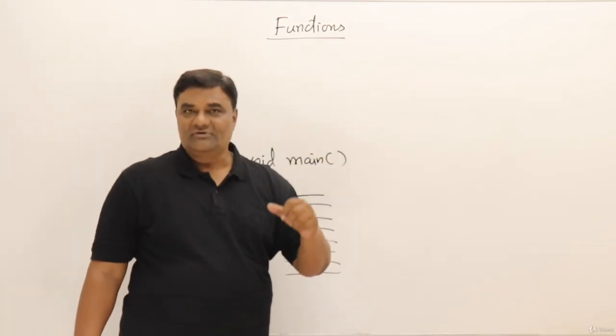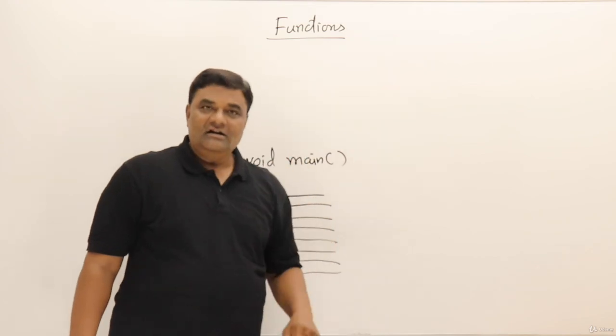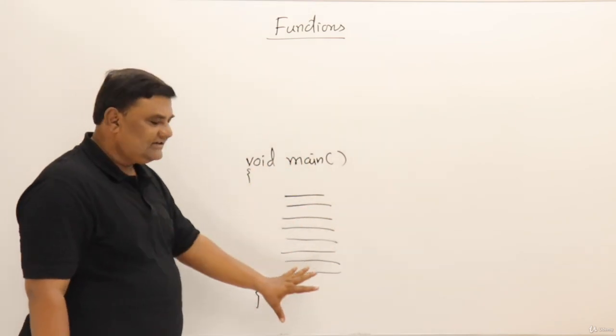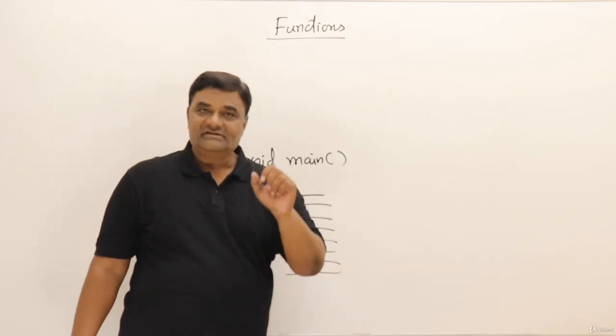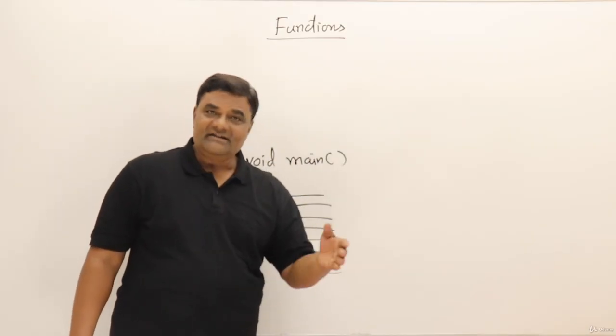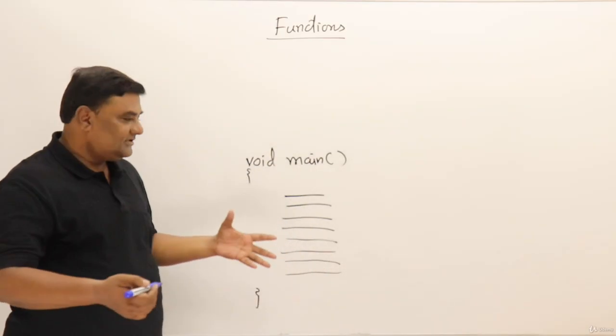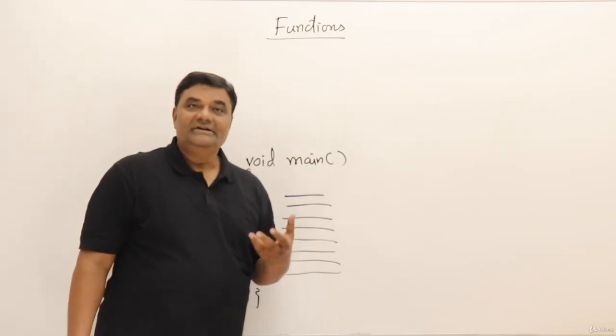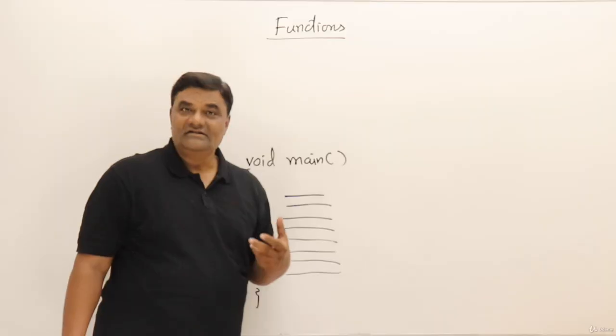So I must memorize the whole program. Third, how many people can write this one single main function with 10,000 lines? Only one person can write. We cannot make it teamwork with more than one person working on the same main function. Not possible. So work cannot be distributed in a team.